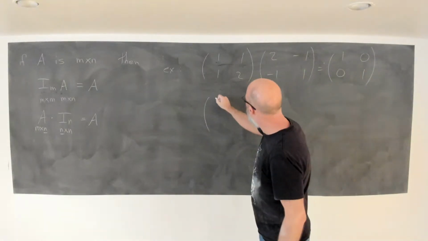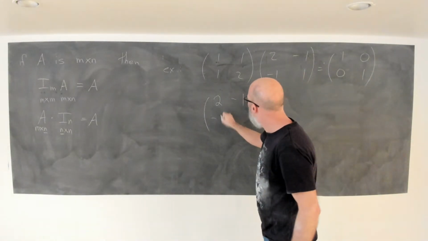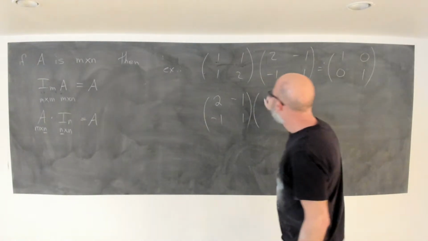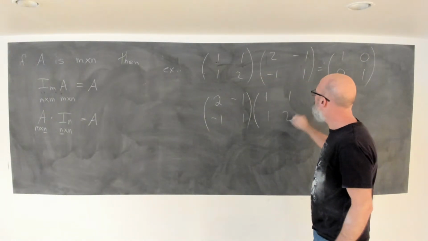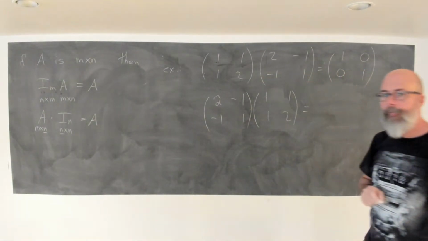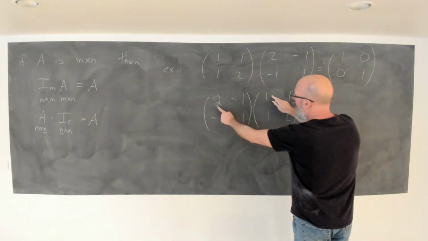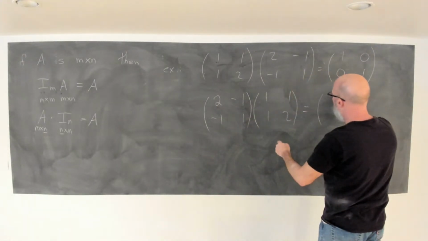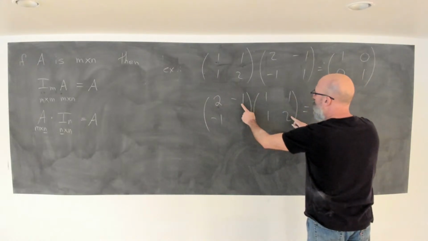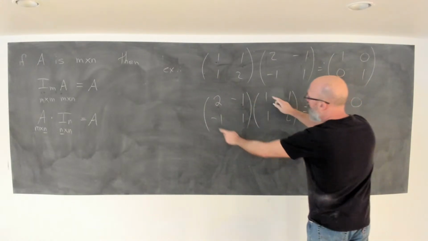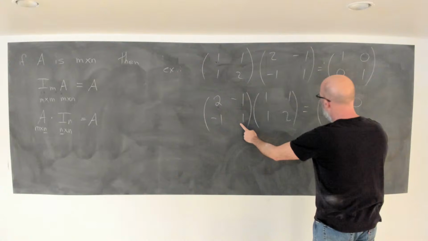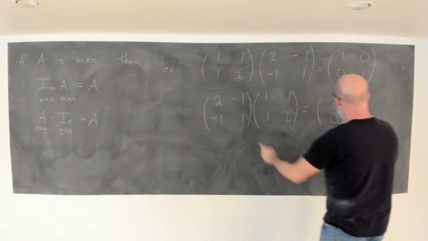Notice the other way works as well. All right, first row, first column. 2 minus 1 is 1. 2 minus 2 is 0. Minus 1 plus 1. Minus 1 plus 2.